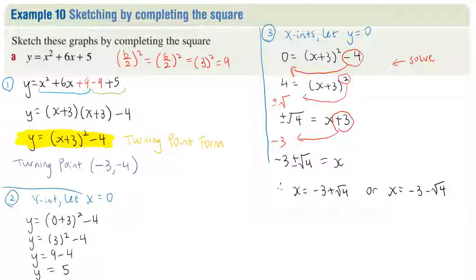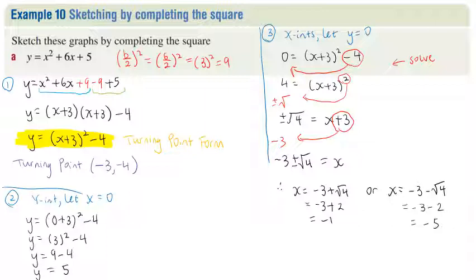And you guys should know that the square root of 4 is 2. So this intercept, minus 3 plus 2, is minus 1. And this one, minus 3 minus 2, so minus 5.